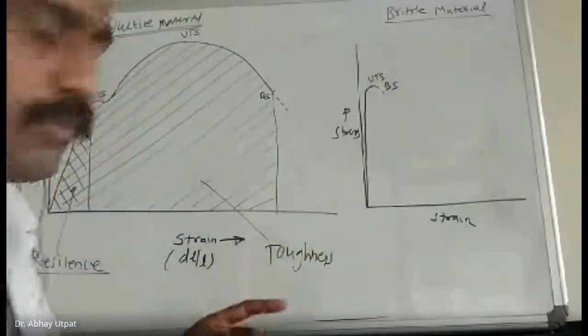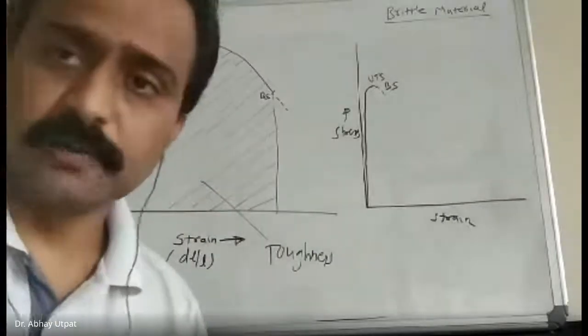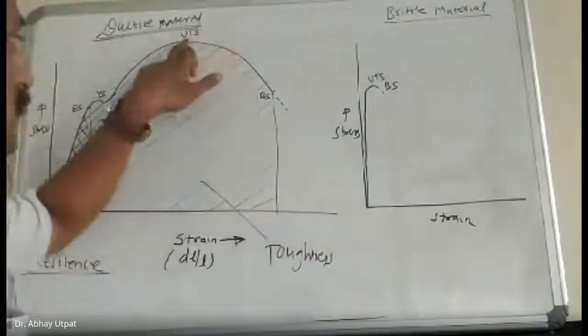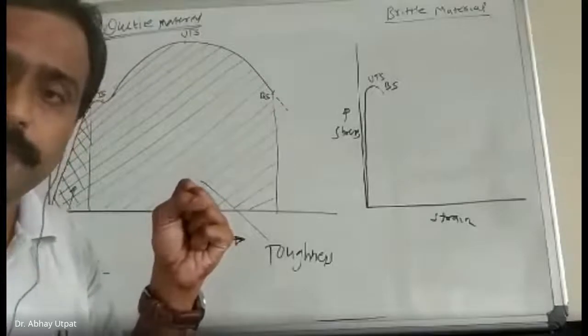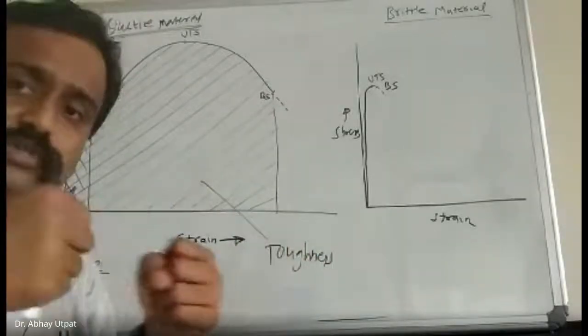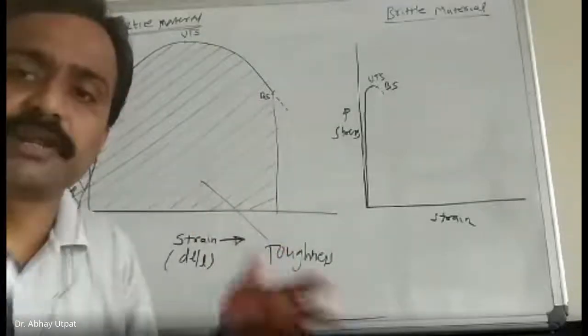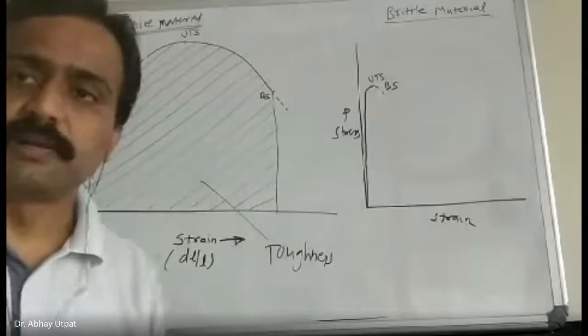A value which is UTS is the maximum value of stress sustained by the steel before failure. Up to this higher point, it sustains the stress value. But beyond it, if you try to stress, it will go on becoming weaker and weaker, and at some lower value of stress, it will break.